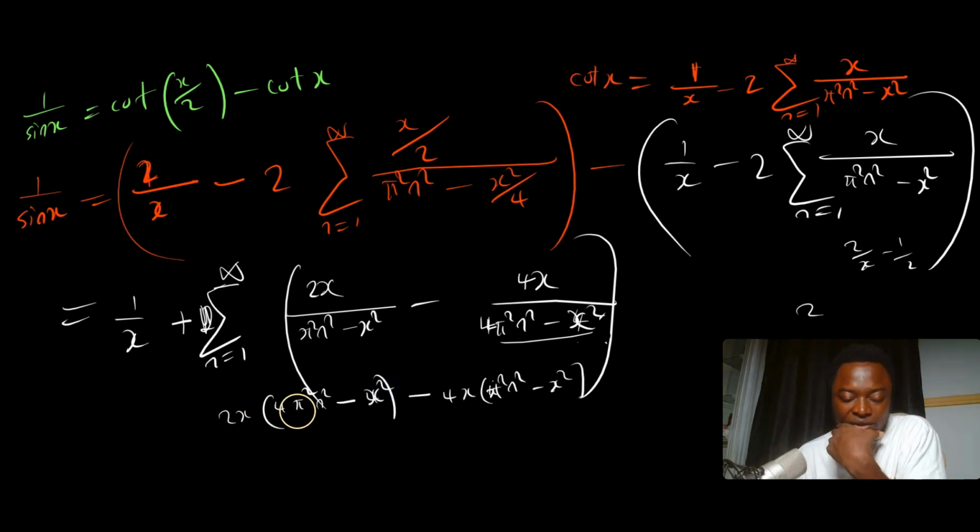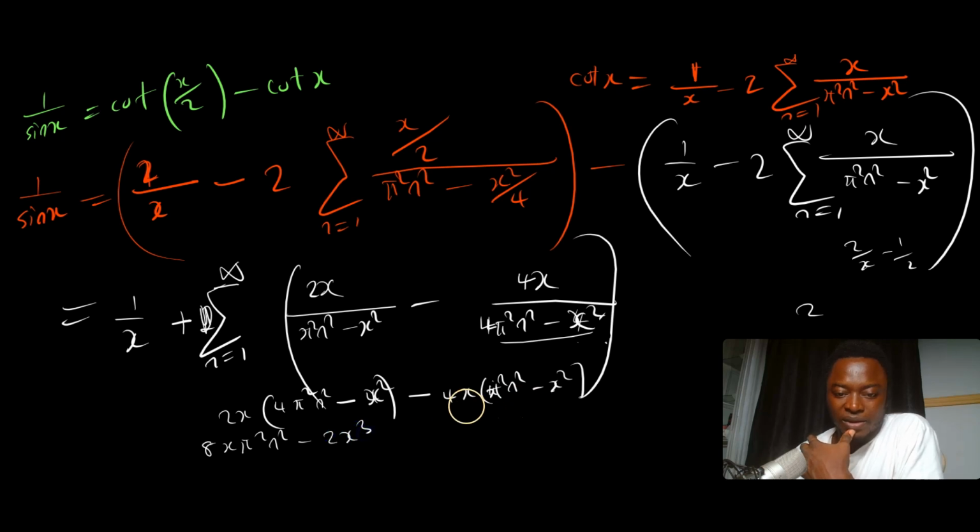You have a 2x times this, so you have an 8x pi squared n squared minus 2x times x squared, so you have a 2x to the third power. Then over here you have a minus 4x pi squared n squared, then plus 8x to the third power.